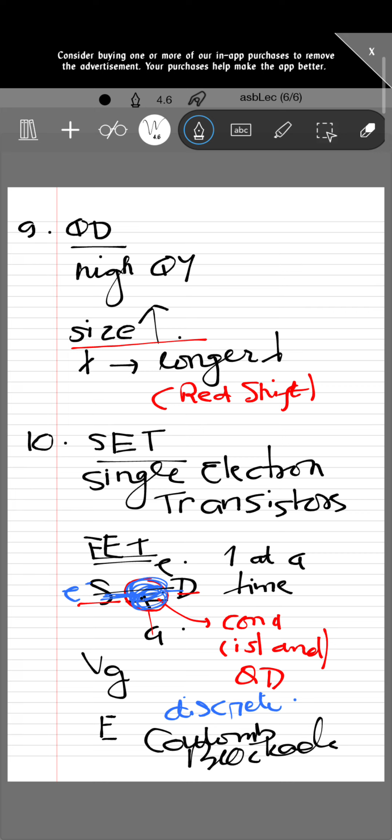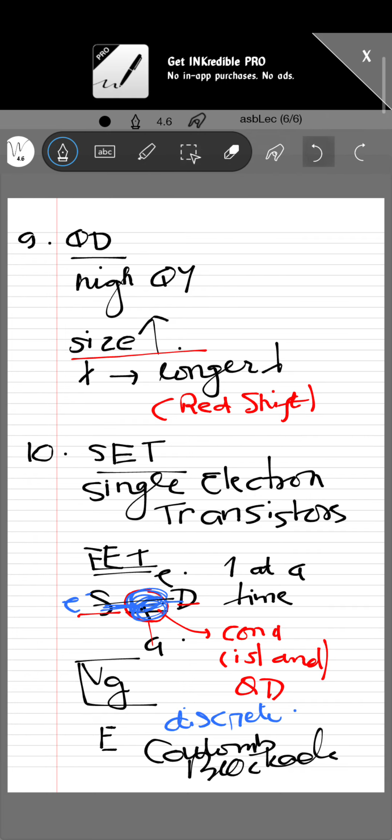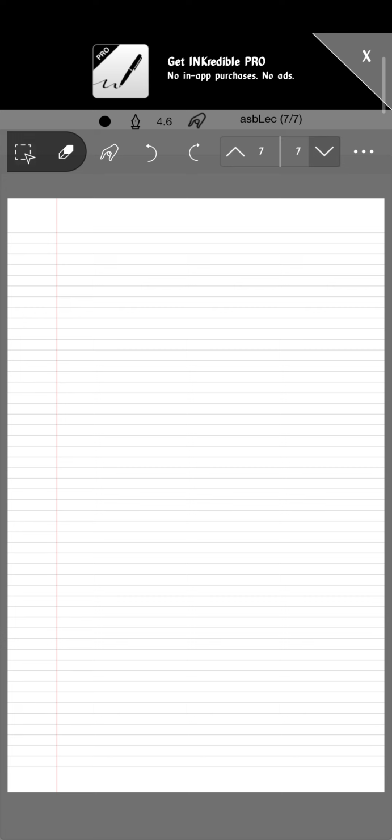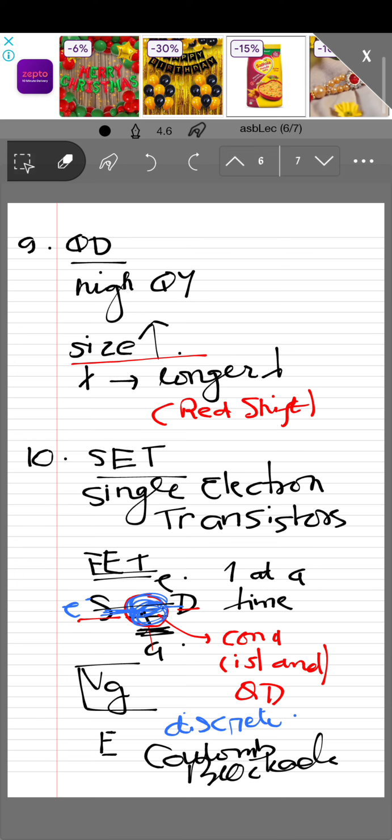Mathematically, if there is one electron already present in the island region, the Coulomb blockade, basically the change in energy, will be represented by e squared by 2C, where e is the electronic charge and C is the capacitance formed in this region. So there is a gate capacitance value.